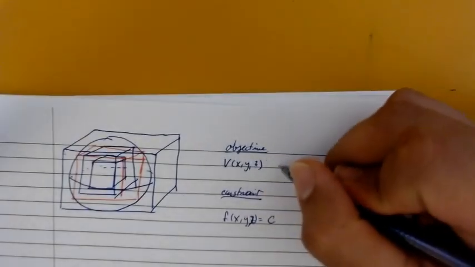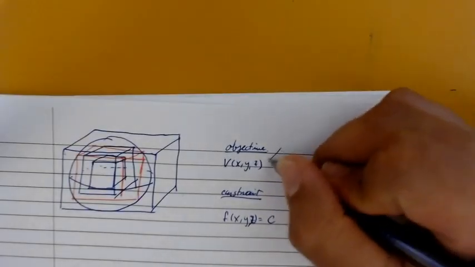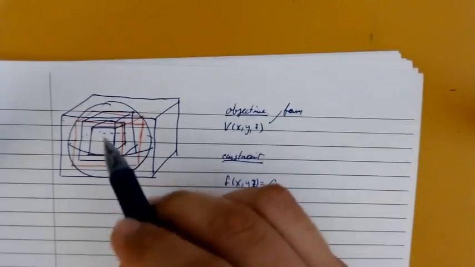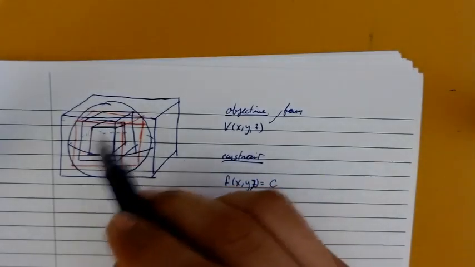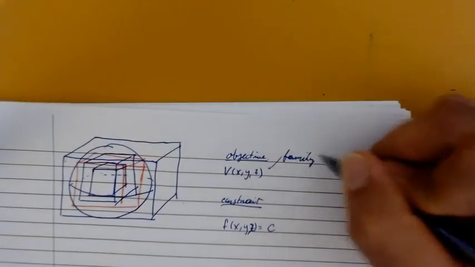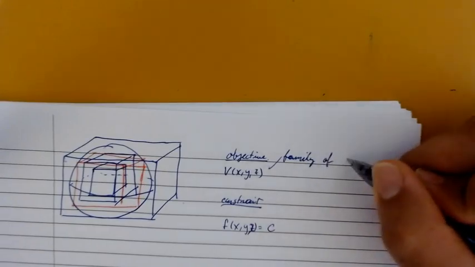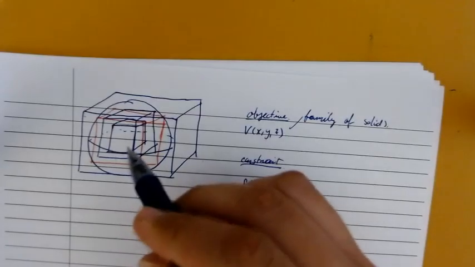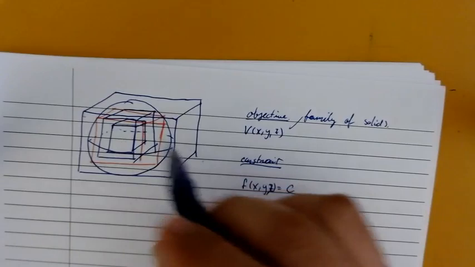So when I'm looking at my objective function, this is really a family of functions. It's a whole collection of volumes of rectangular solids or pyramids or spheres or whatever it is you're looking for. So this is really a family of solids.